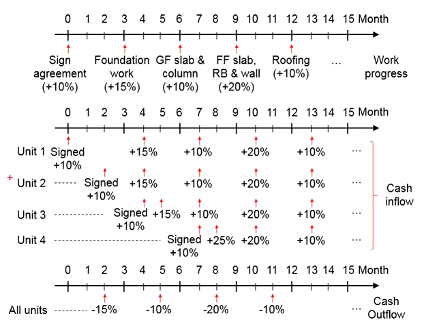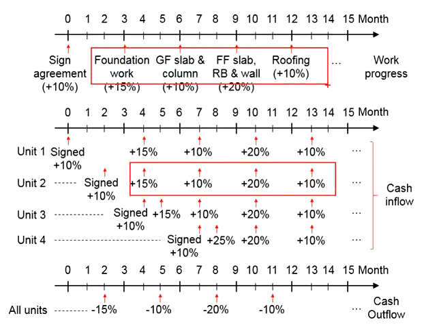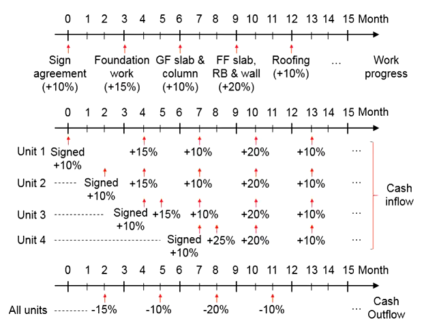Now when you need to compute the unit number 2, which is anticipated to be sold in the second month, immediately upon signage of the sales and purchase agreement, you get 10%. The following progress payments will be in accordance to the work progress with lagging of at least 1 month.